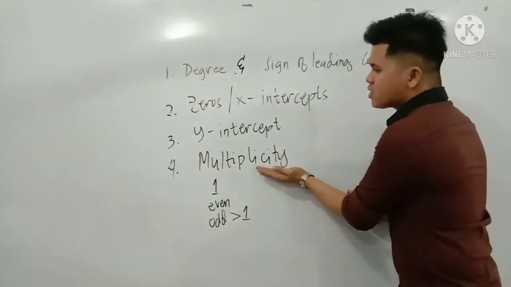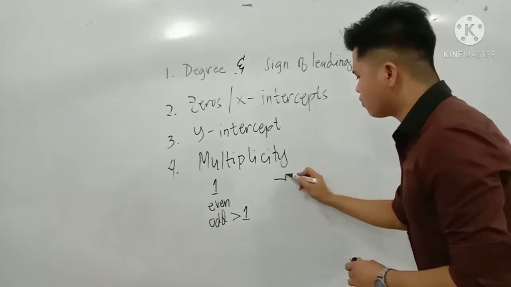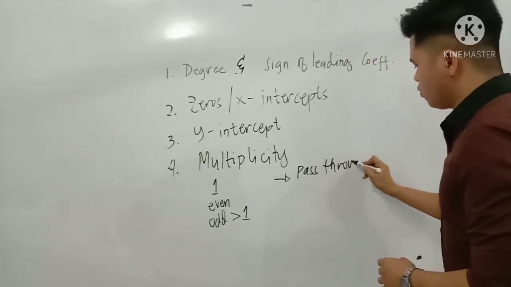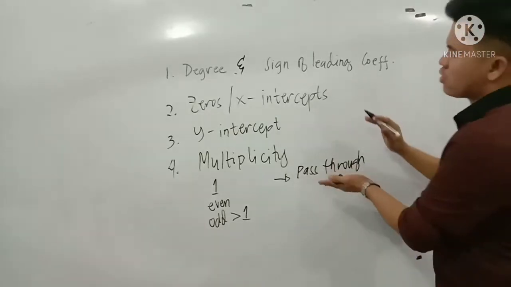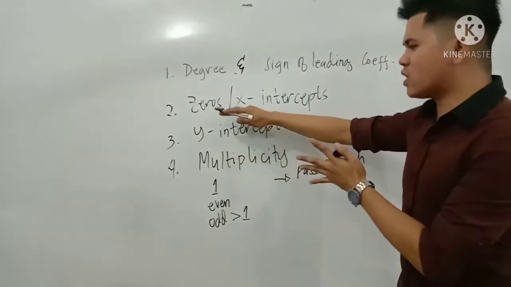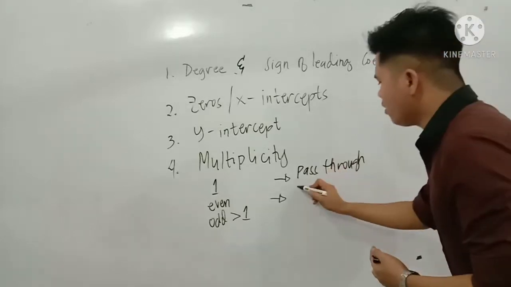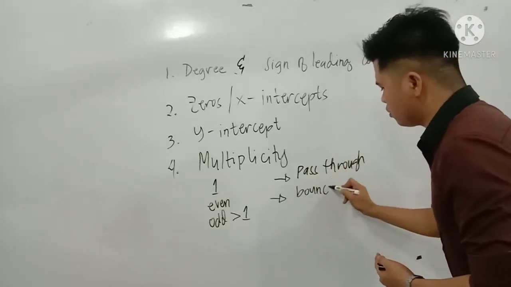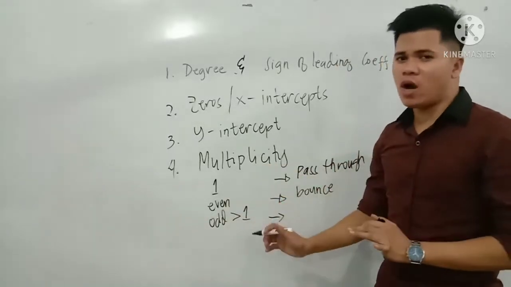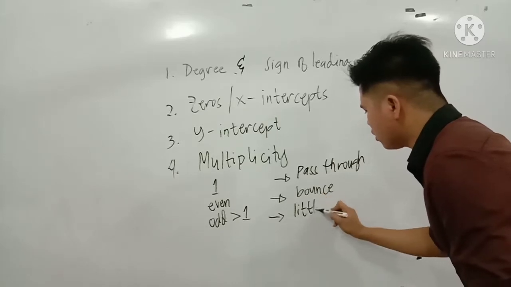So, if the multiplicity of the zero is 1, then the graph will pass through that given zero. Then, if the multiplicity of that given zero is even, then the graph will bounce. Then, if the multiplicity is an odd number but greater than 1, therefore, the graph will have a little bend.